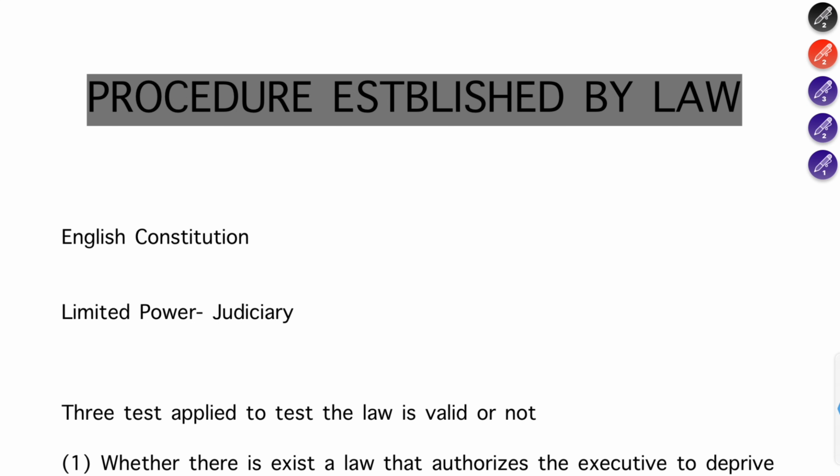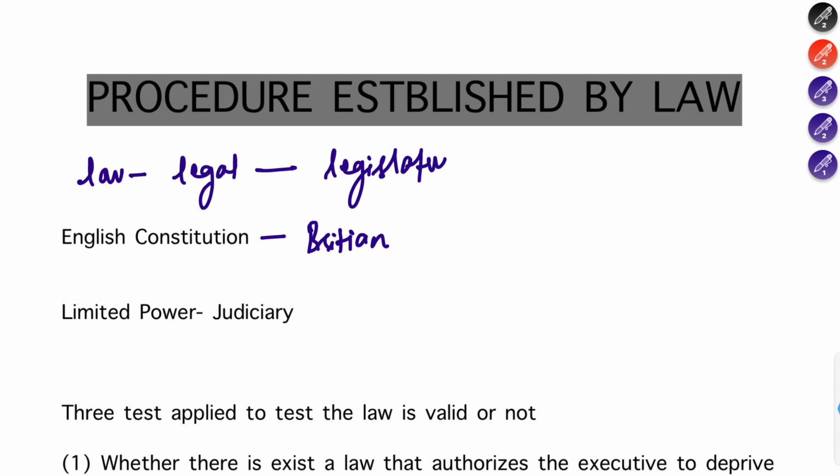So the doctrine of procedure established by law originated in the English constitution, that is Britain. Under it, a law becomes legal only when the legislature follows a prescribed procedure.